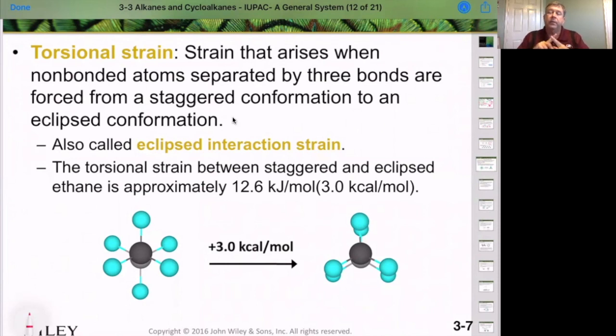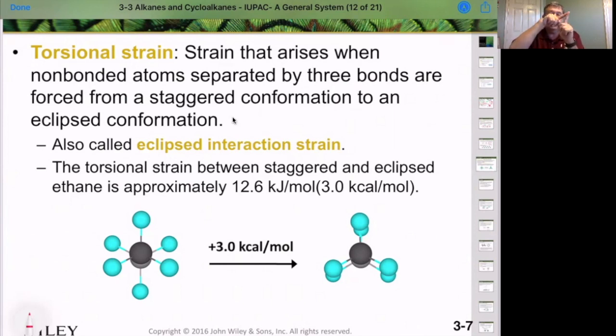The thing that makes it more or less energy is as you start to rotate this, the hydrogens don't see each other very much, and when we start to get those hydrogens getting close to each other from the staggered position to the eclipsed position, what that does is create what we call torsional strain. A torsion angle is between three bonds and 4 atoms.